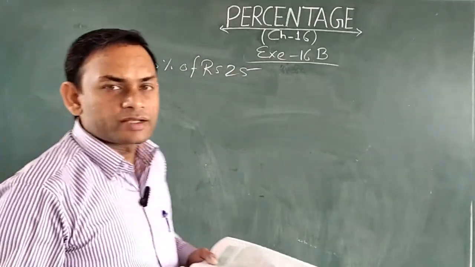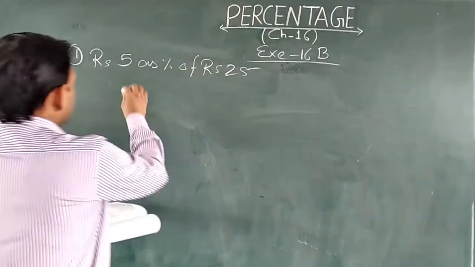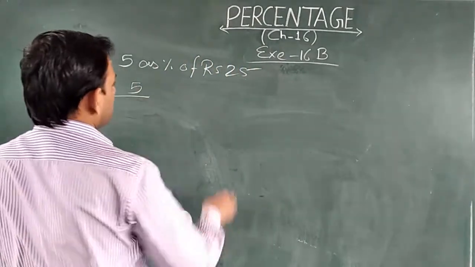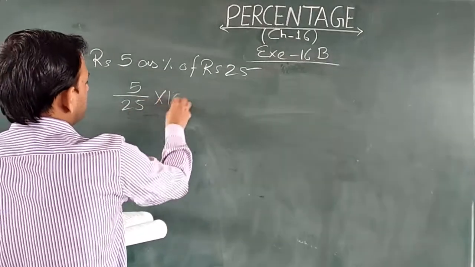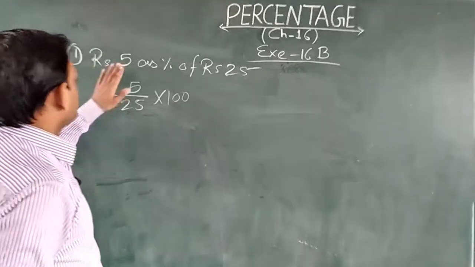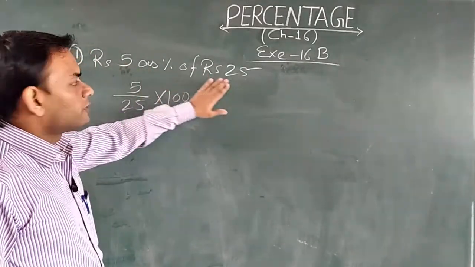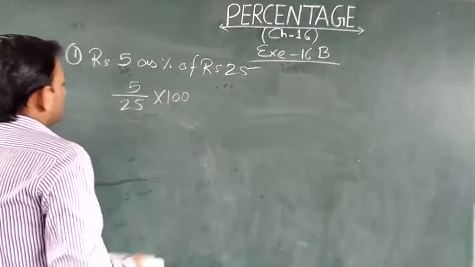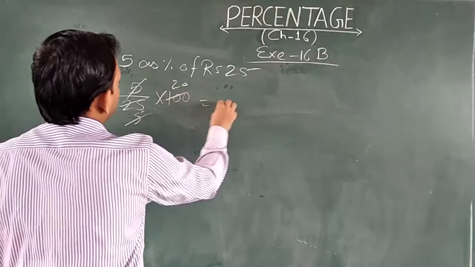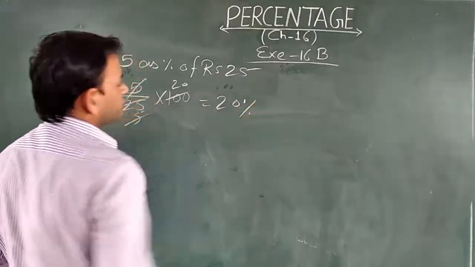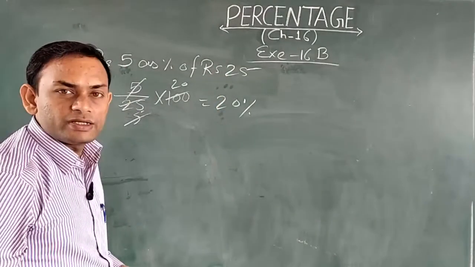As I told you, the value we are talking about, we will write above the line, and the total value we will write below the line, and we will multiply by 100. In this question we have to tell what is the percentage of 5 rupees out of 25. So 5 fives are 25, and 5 twos are 10, means 20%. So 5 rupees is 20% of 25.